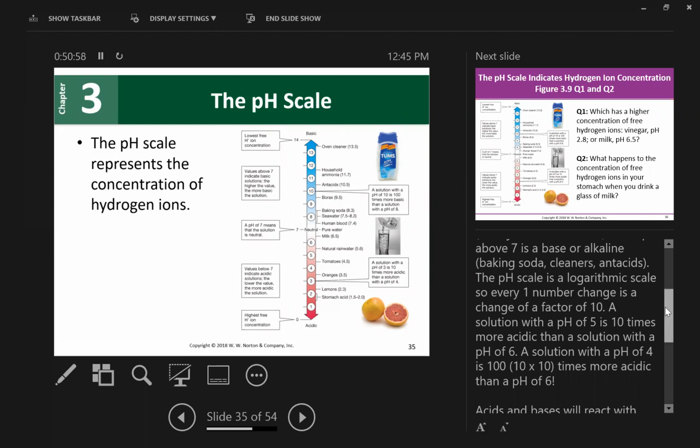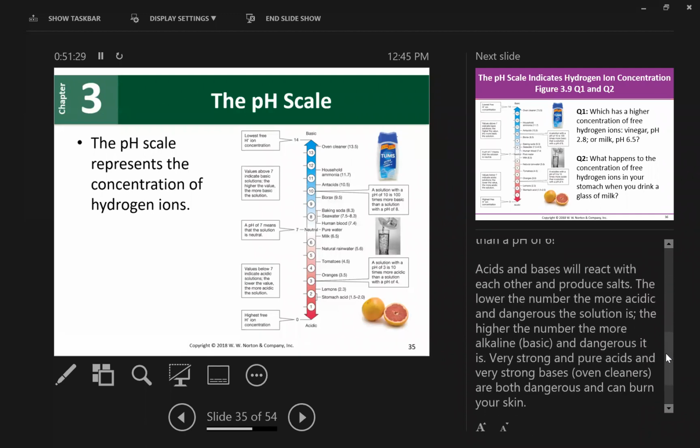A solution with a pH of 4 is 100 times more acidic than a pH of 6. So when you go from 4 to 5, that's 10 times. And then when you go from that 5 to 6, 10 more. So you have 10 times 10, and that's where you get the 100 times more acidic.